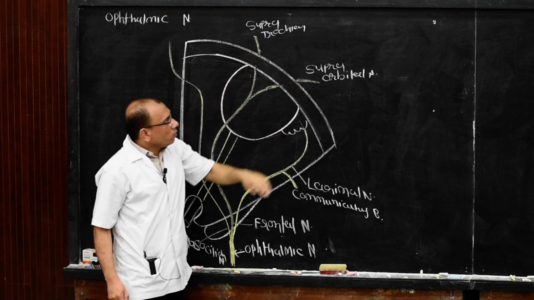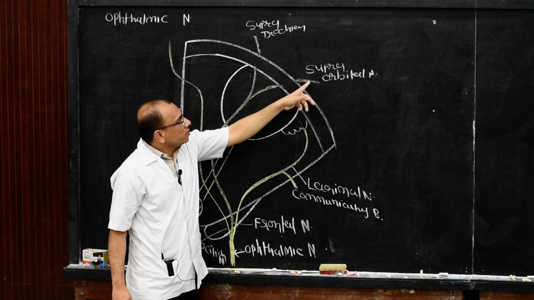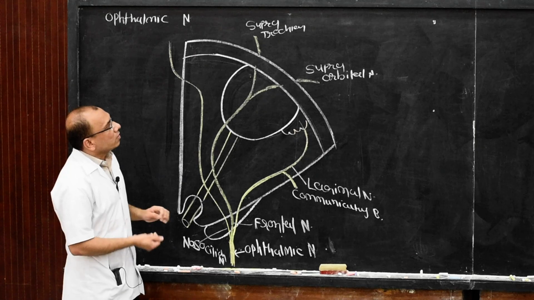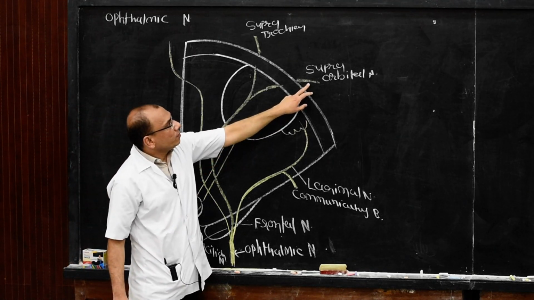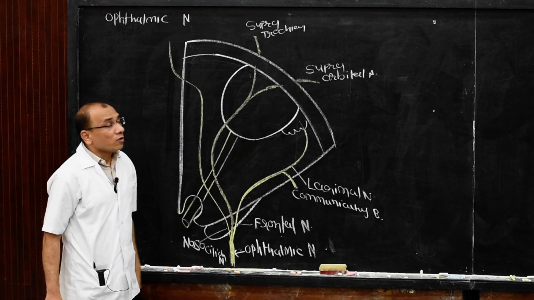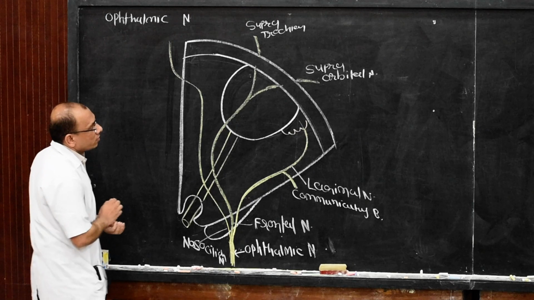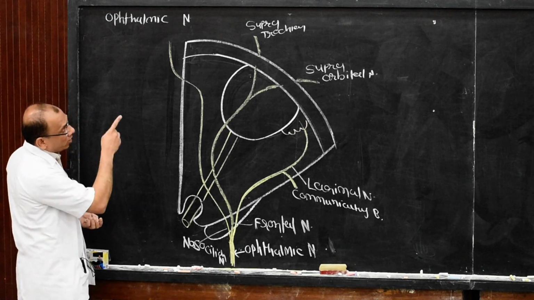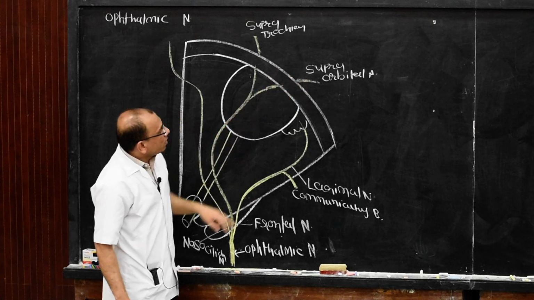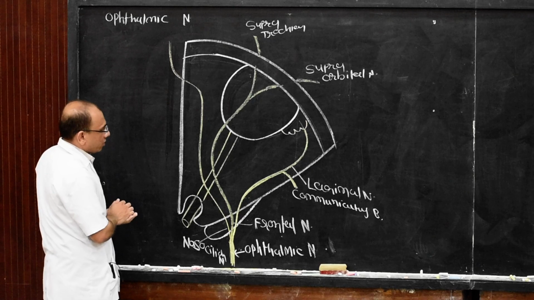The supraorbital nerve passes above the supraorbital margin along with the same vessels, and it supplies the skin of the forehead and the scalp up to the lambdoid suture. So this one is supratrochlear and this one is supraorbital. Both are branches of the frontal nerve, of the ophthalmic division of the trigeminal nerve.